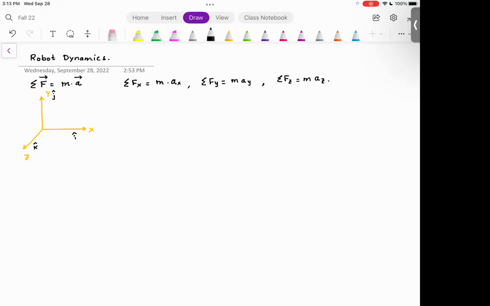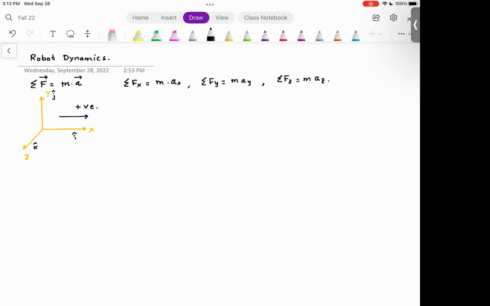Now, force is a vector. What that means is if the direction of the force is in the same direction as the axis, that force is positive. As a matter of fact, acceleration is also a vector. If the direction of acceleration is aligned with the direction of the coordinate system, that acceleration is positive.